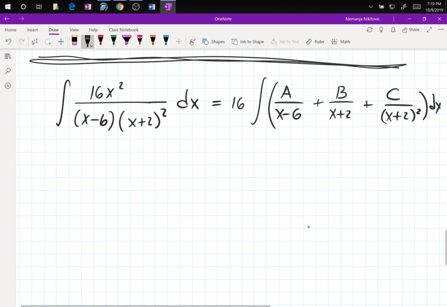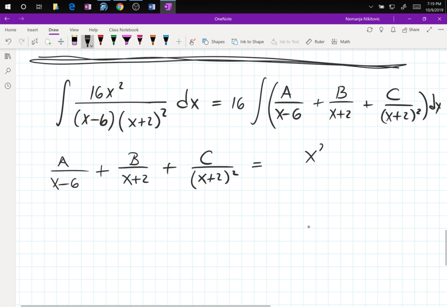So now we have A over x minus 6 plus B over x plus 2 plus C over x plus 2 squared. And that needs to be equal to x squared over x minus 6 times x plus 2 squared.